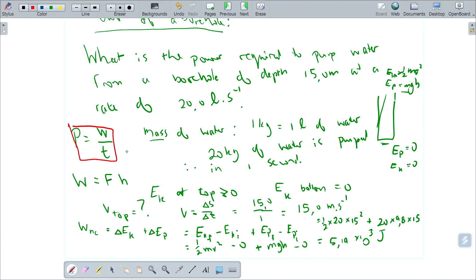So the work is 5.19 times 10 to the 3 divided by the time, which is 1. And therefore, this is going to be 5.19 times 10 to the 3 watts, because the time that the water takes to move to the top is 1 second.